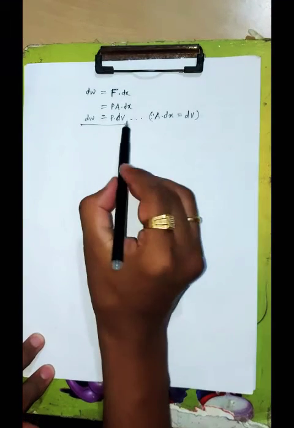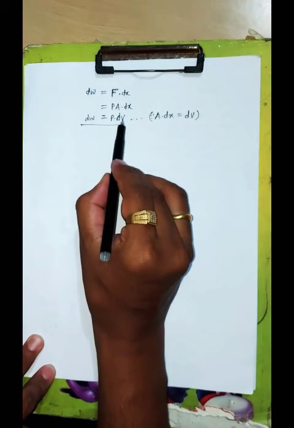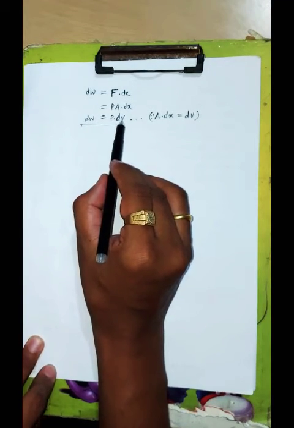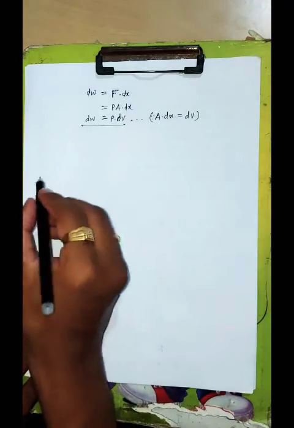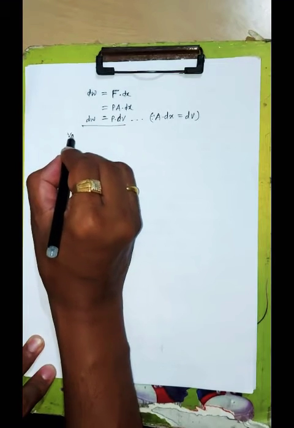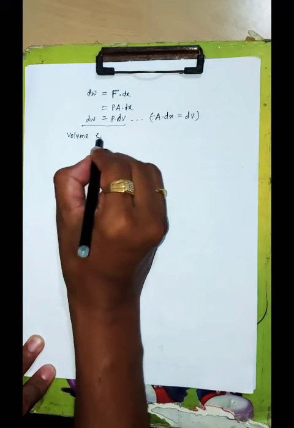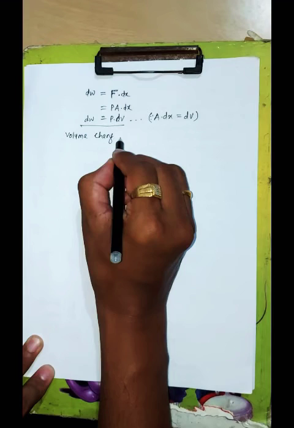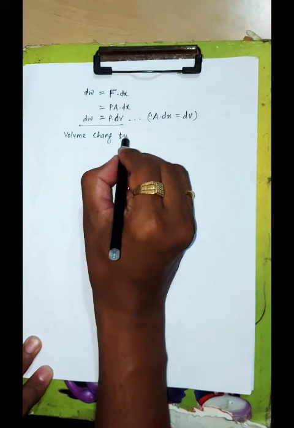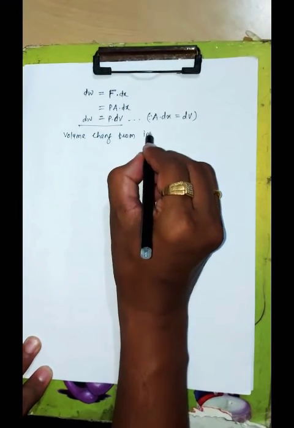If we say that there must be a change in volume, that is dV, so volume can change from its initial position to final position.